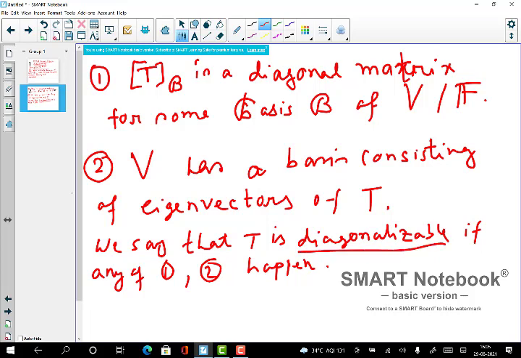So when is a linear operator called diagonalizable? If the vector space has a basis consisting of eigenvectors of that linear operator T, or you can have a basis with respect to which the matrix representation of T is a diagonal matrix. These are actually equivalent.